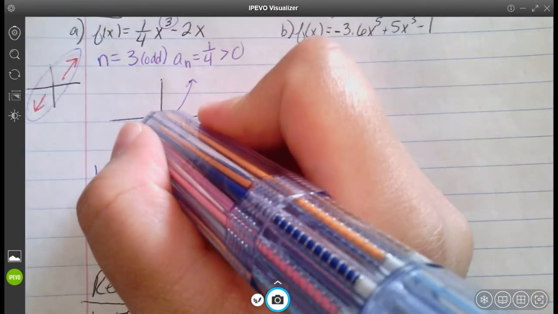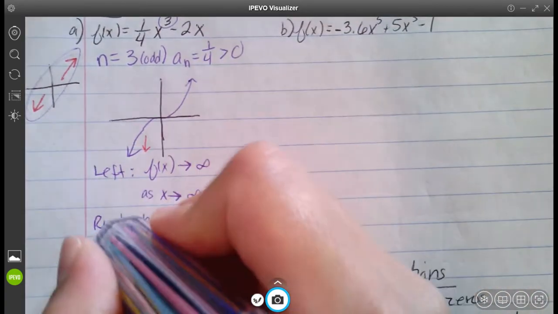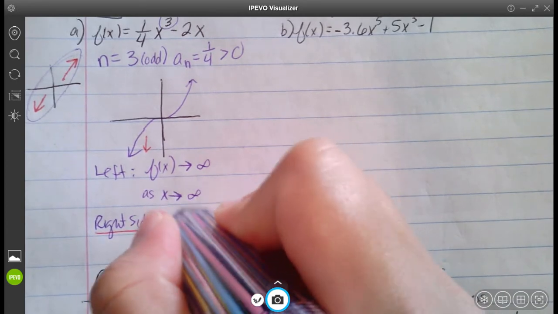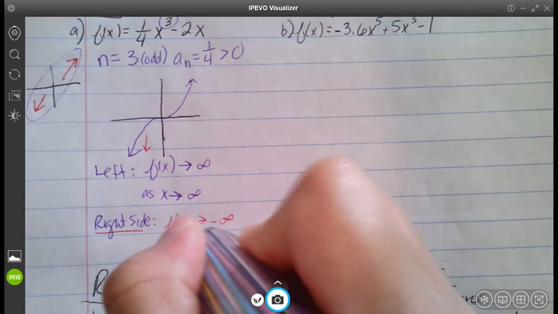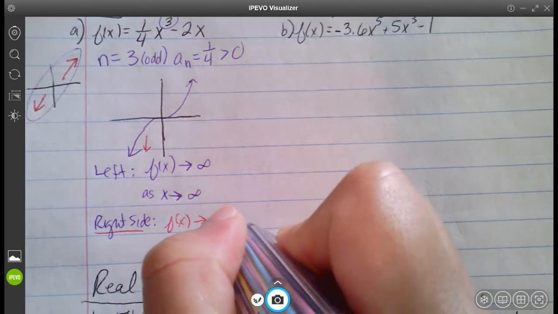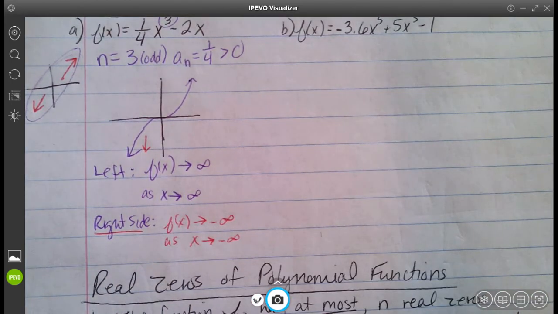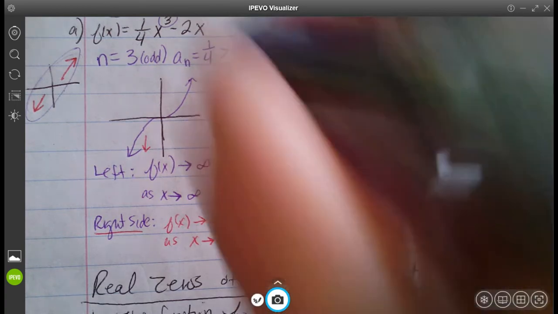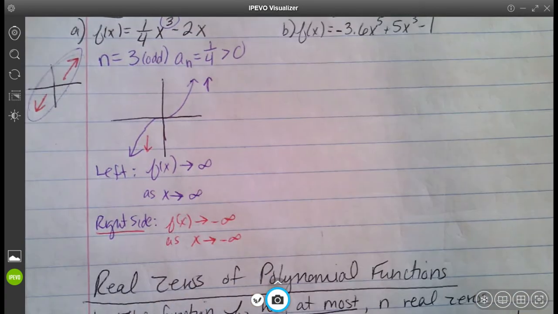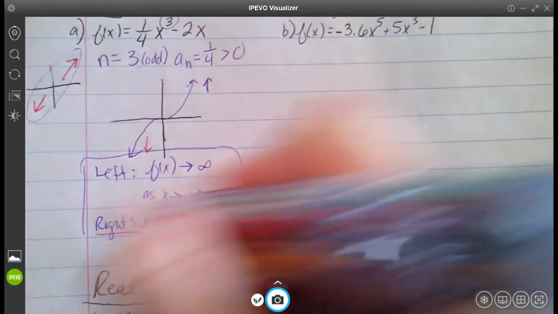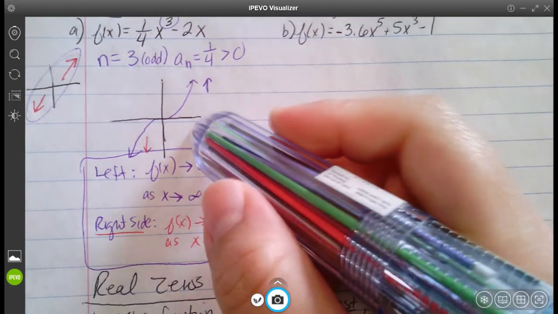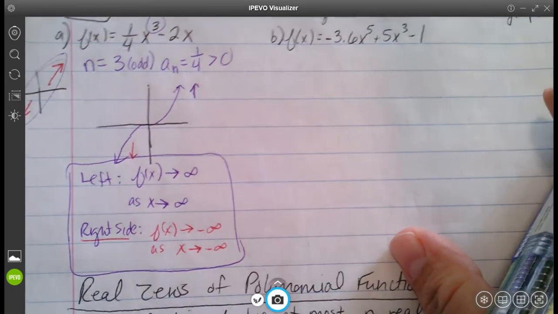So on this side, it's going down. So f of x is going to negative infinity as x is going to infinity. And that is pretty much it for this one, okay? So this is my answer, and there's my sketch to prove it, okay?